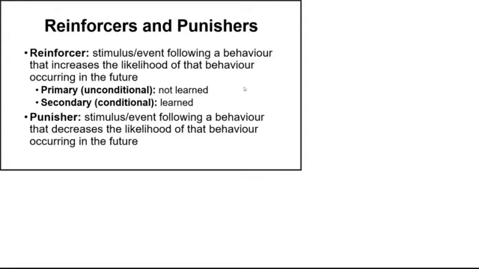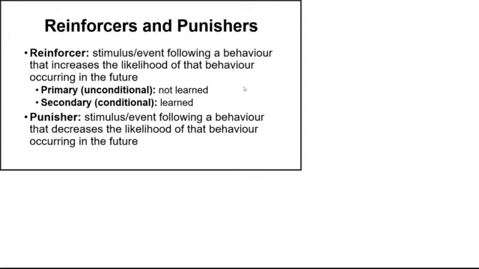The pieces of paper don't necessarily mean anything, but you learn that you can use money to get things. You could use money to buy food, so you can use it to get primary reinforcers. It itself is not primarily reinforcing, but we've learned that it can be reinforcing.